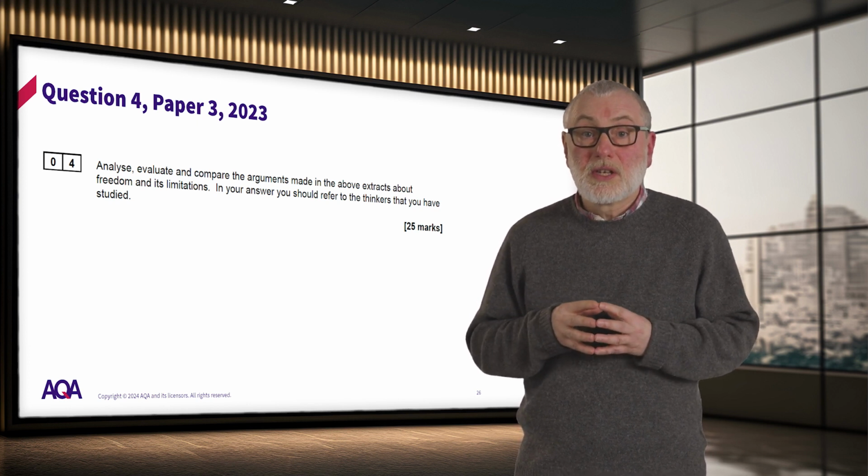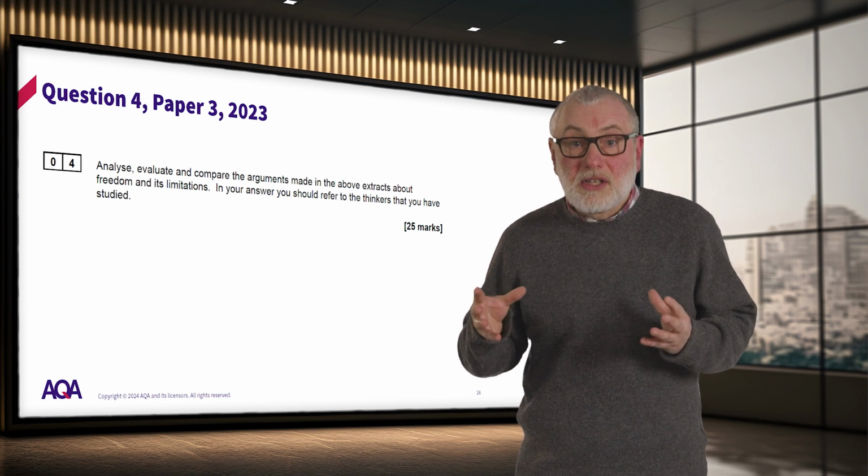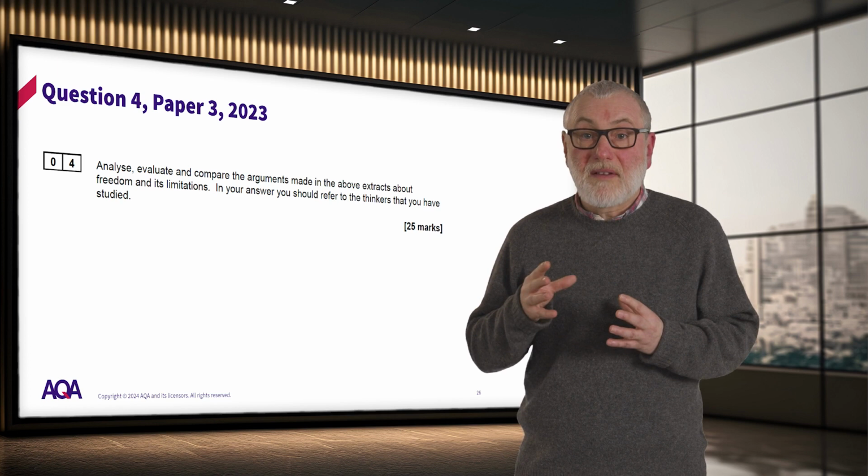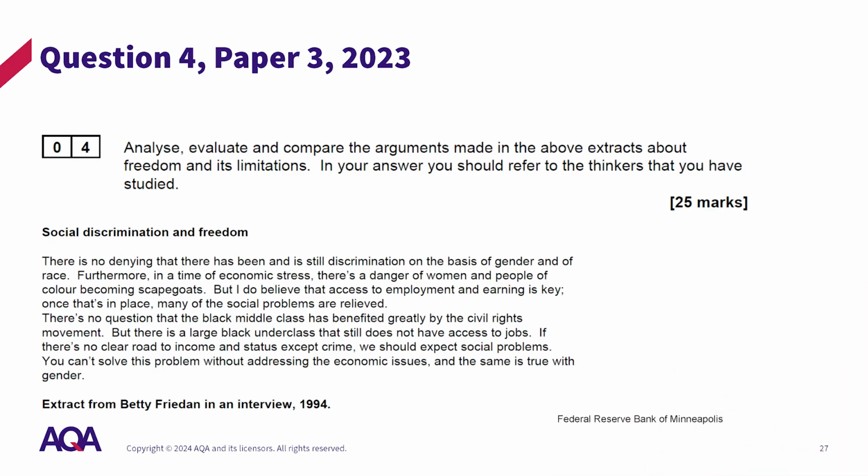So the question from 2023, asking students to analyse, evaluate and compare the arguments made in the above extracts about freedom and its limitations, draws on the ideas of 2 key liberal thinkers, J.S. Mill and Betty Friedan. For presentational purposes, only the extract from Betty Friedan can be seen on screen, but both this and the J.S. Mill extract were carefully drawn from the specification to ensure that the question was fair to all candidates.